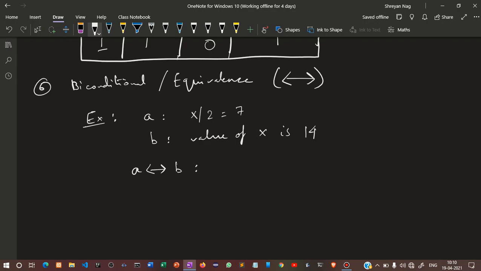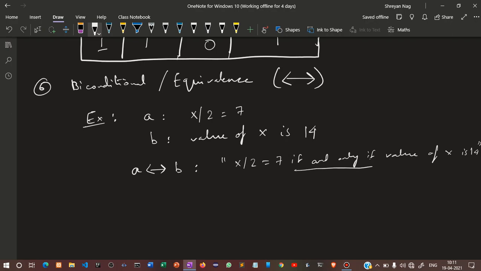We will write X divided by 2 equal to 7 if and only if value of X is 14. Just remember this if and only if is the keyword.